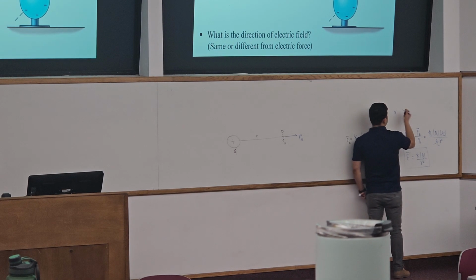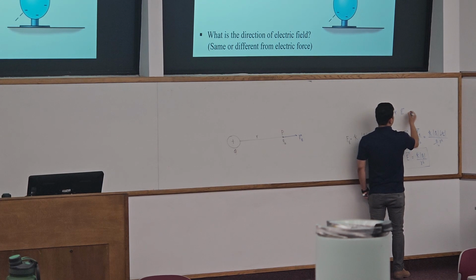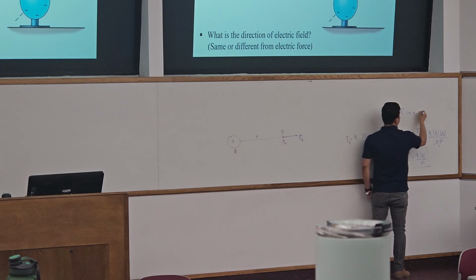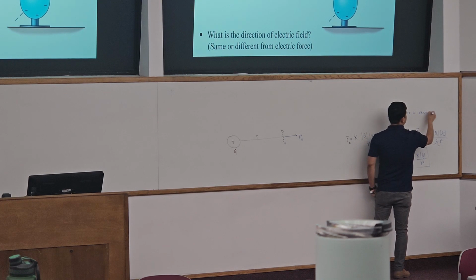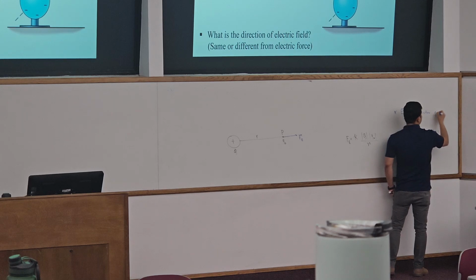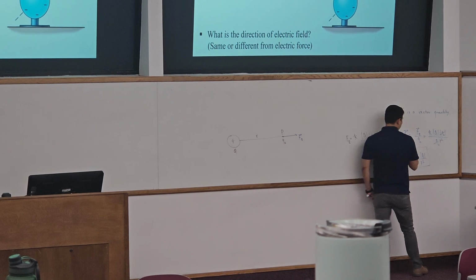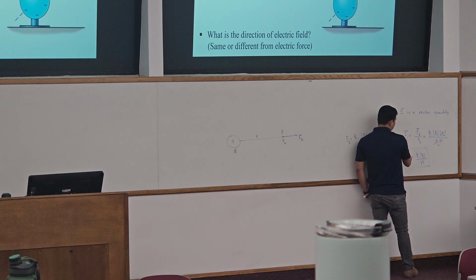Don't be confused, I'll ask this question: the electric field E is a vector quantity. How do I know? In the formula over here, you have the electric field and the electrostatic force.